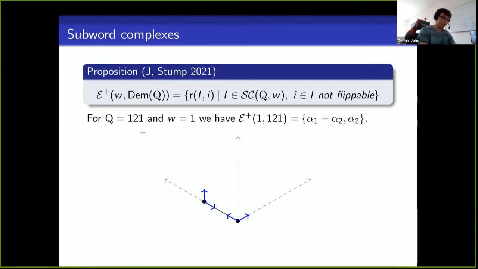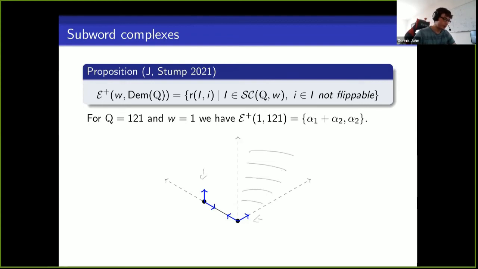If we have Q equal to 1 2 1 and W equals 1, then the set E+ is given by alpha 1 plus alpha 2. You can see this direction here. And alpha 2, you can see this direction here. And if I would consider the cone over this, so the Bruhat cone, this would be this region here.